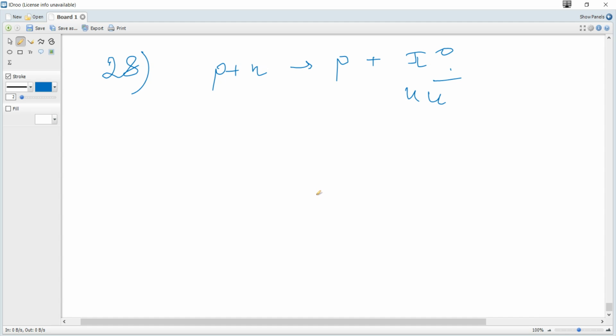Which conservation law does this equation violate? Definitely, it doesn't matter the construction of the pion, because it's clear that baryon number is not conserved, because protons and neutrons are baryons. Pion is a meson.